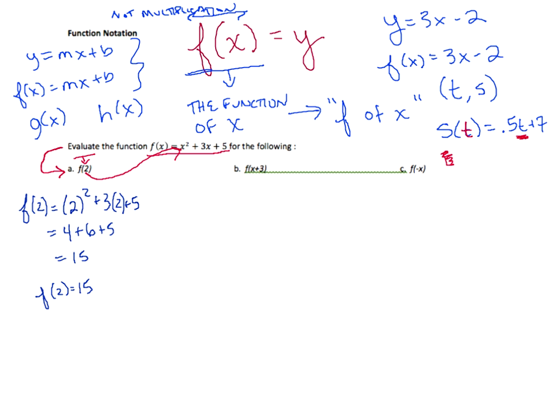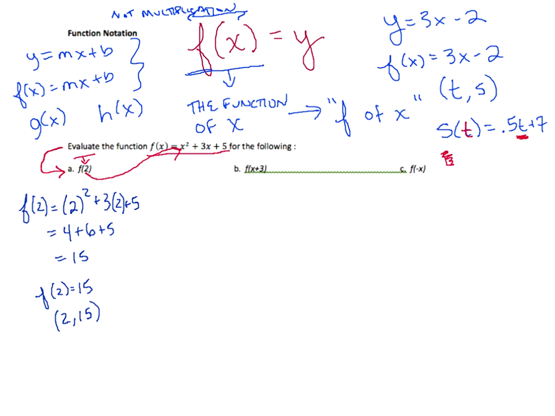f of 2 is 15. This corresponds to the point (2, 15) on the function. Remember, f of x is y, so f of 2 is 15 is the point (2, 15). I plugged in 2 for x and got out 15 for y. This is a point on the graph of this function here.